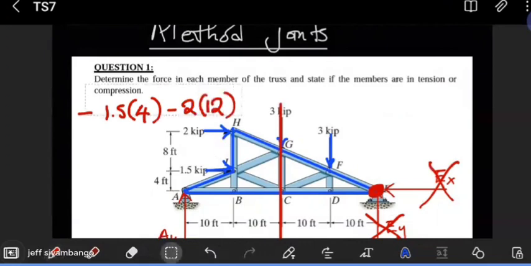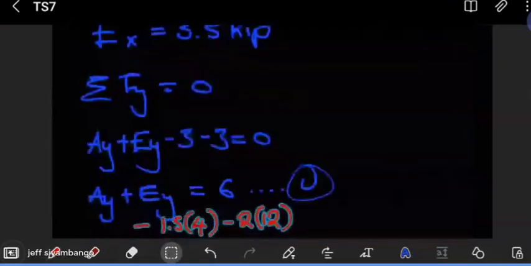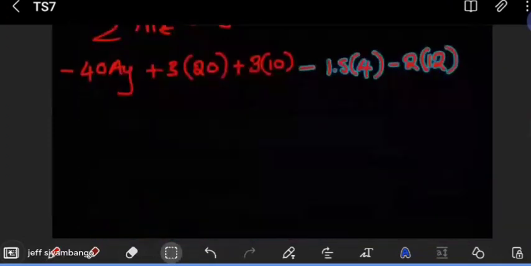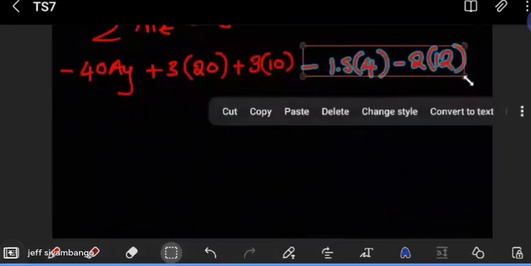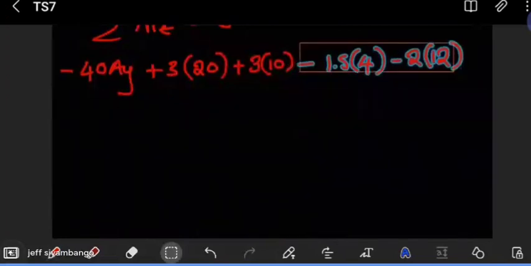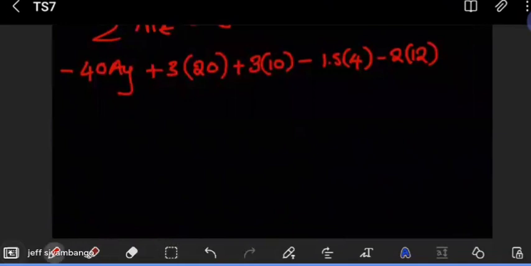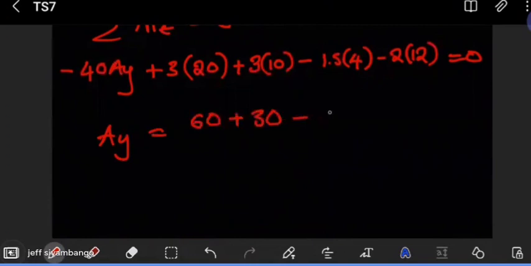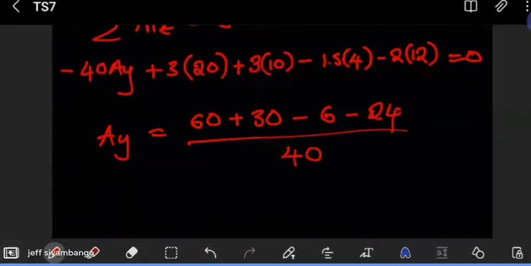So this now sorts out all the forces and their respective moments. Our equation becomes this, but this has to be equal to 0. So all we have to do now is simplify this expression and make AY the subject. I'll take AY to the right-hand side, shift it around, and make it the subject. So we're going to have 3 times 20 is 60, plus 30, minus 6, minus 24, over 40. What will be the solution here?